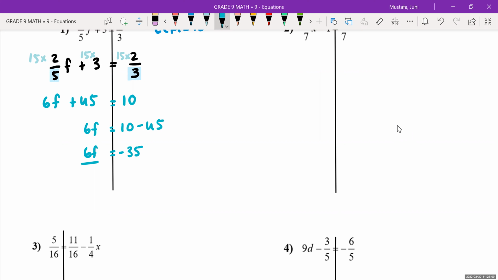To get rid of the 6, I need to divide both sides by 6. I'm just going to move this up a little bit. So 6f is equal to negative 35, divided by 6, divided by 6. And can we reduce 35 and 6? No. So our final answer is just going to be negative 35 divided by 6.